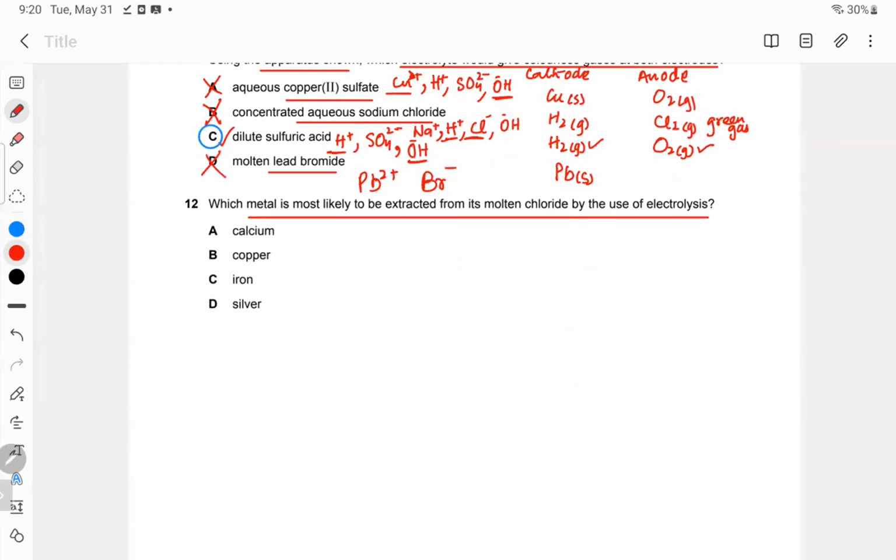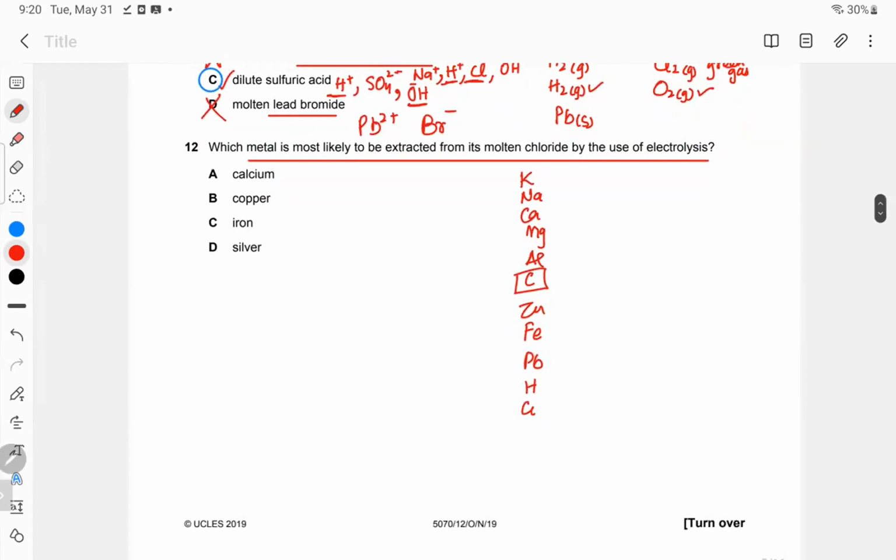For that, if you recall the reactivity series, we have potassium, then sodium, then calcium, then magnesium, then aluminium, and then carbon, then zinc, iron, lead, hydrogen, copper, mercury, silver, gold, platinum. Hydrogen is a non-metal.